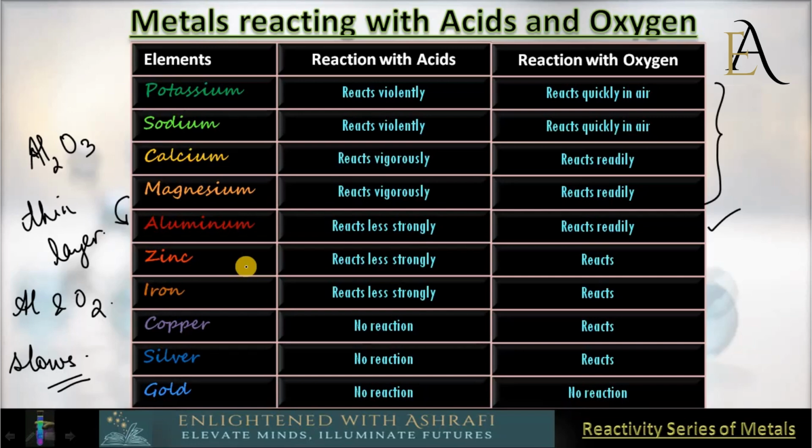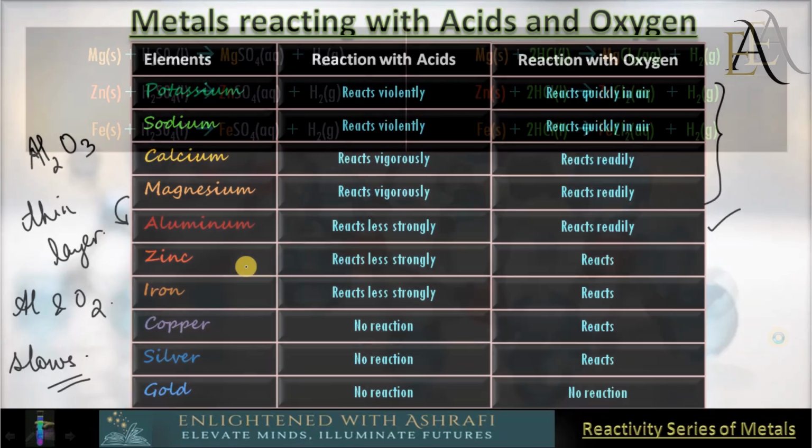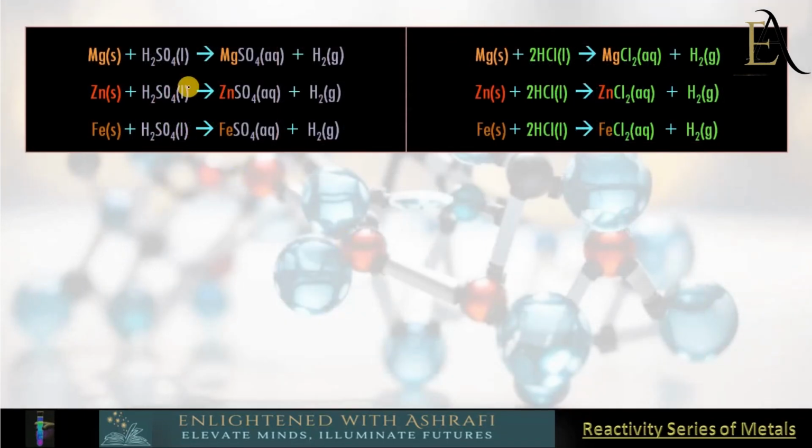Whereas copper, silver, gold, magnesium reacts with dilute sulfuric acid or dilute HCl, they form salt and hydrogen gas.